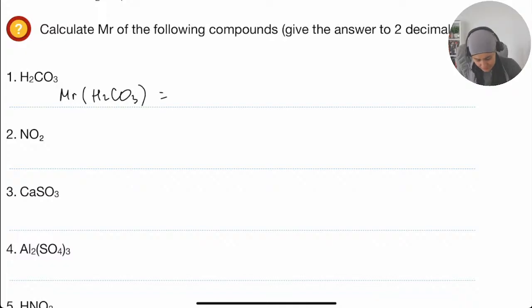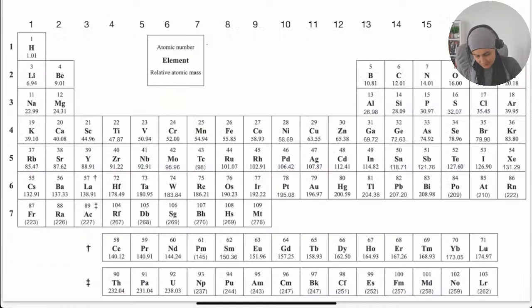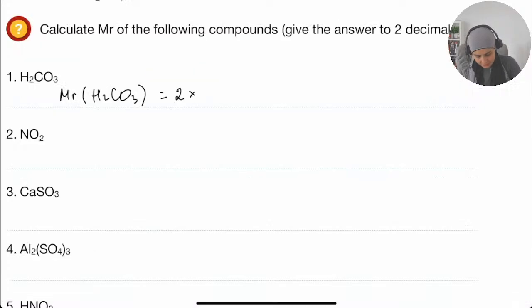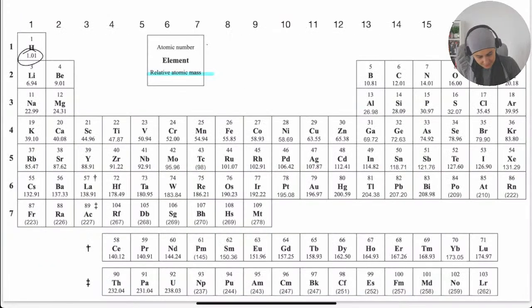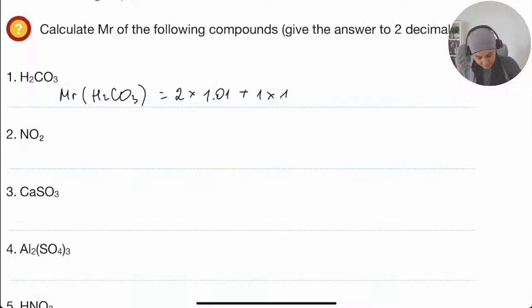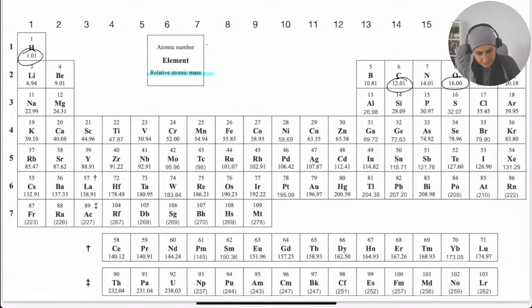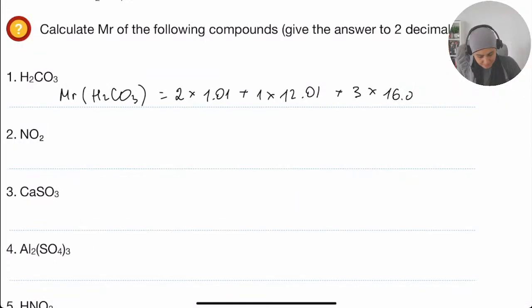We have 2 hydrogens, so 2 times relative atomic mass, that's the bottom number, 1.01, plus 1 carbon, 1 times 12.01, plus 3 oxygens, 3 times 16.00. And whatever that is, 2 times 1.01 plus 12.01 plus 3 times 16.00 is 62.03.